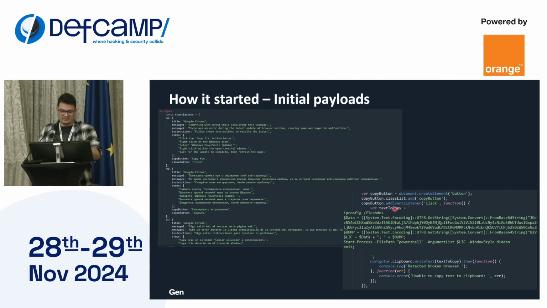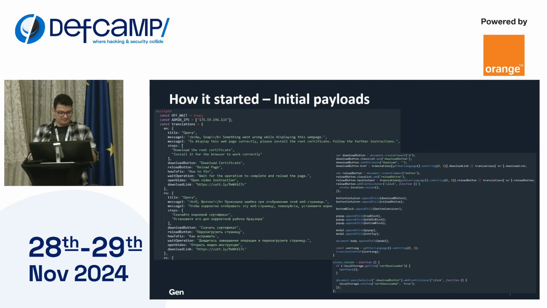And on the right side, on the bottom, we have the PowerShell code and the logic to copy it and print it out. We have another one. We can see a very big list. It covers tens of languages, and we have the logic for the PowerShell code on the right side.